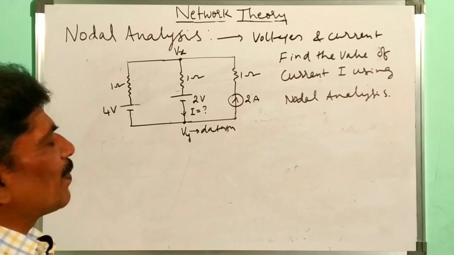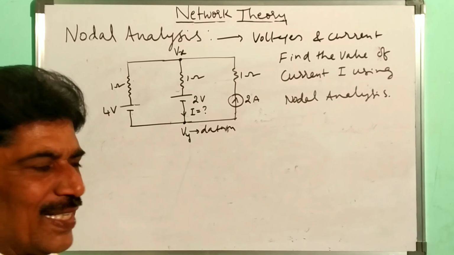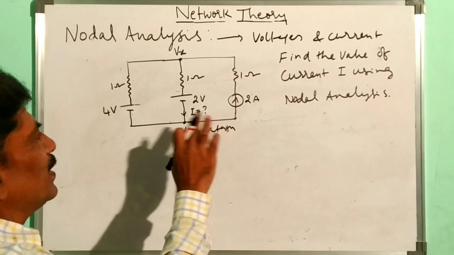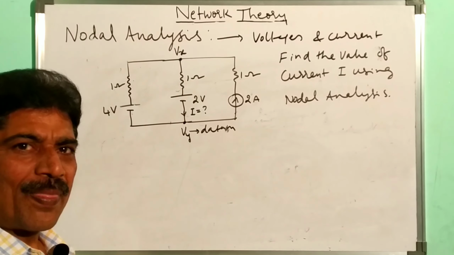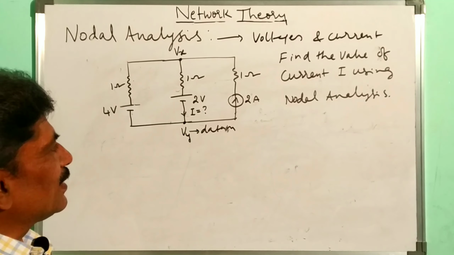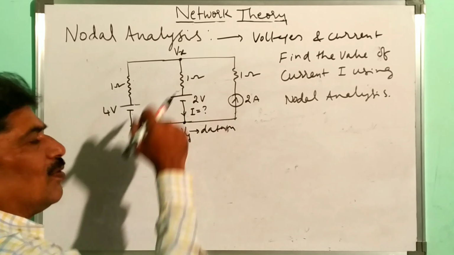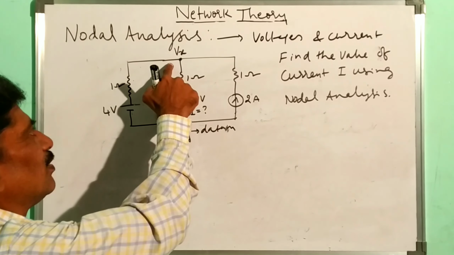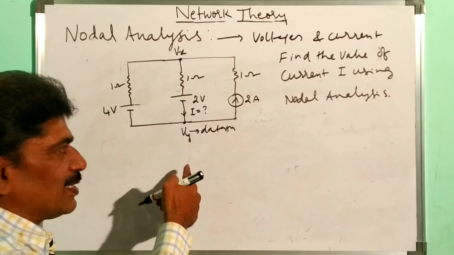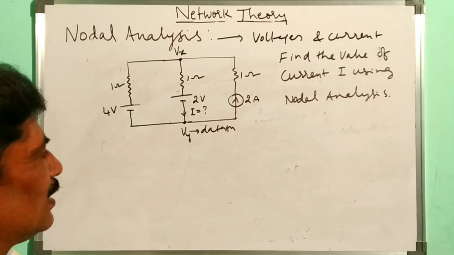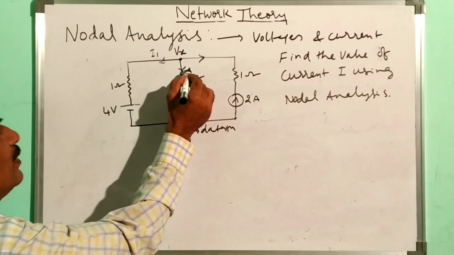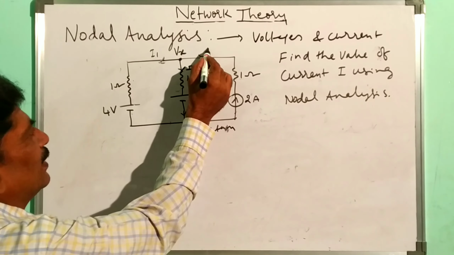Now let us apply those techniques we have just discussed. How many branches are there now? 1, 2. First step is we have identified the nodes. The second step, assign the voltages. For this node we have assigned Vx as a voltage and Vy to the second node, and Vy is treated as the datum node. Second step is over. Third step is let the currents be I1, I2, I3.